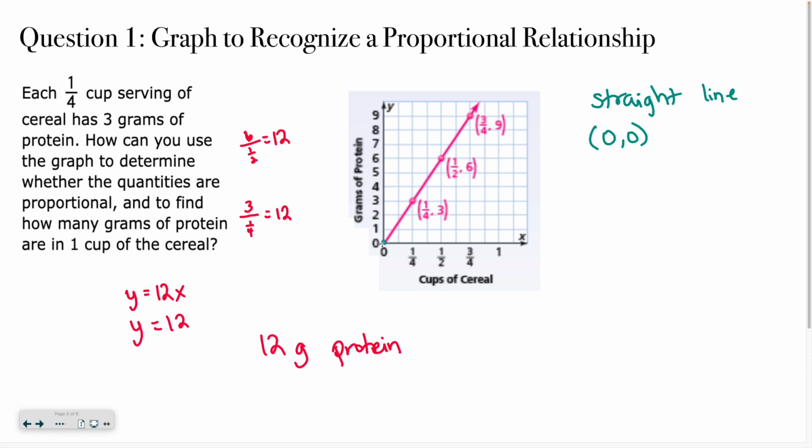There's a possibility that it could be proportional, but then when I look and I see, hey, this is a completely straight line, there aren't any bends or curves to it, because sometimes students will say, well, what about something like this? Those are all straight lines put together, but that's not going to be proportional. And in order to be proportional, it has to be just one straight, continuous line.